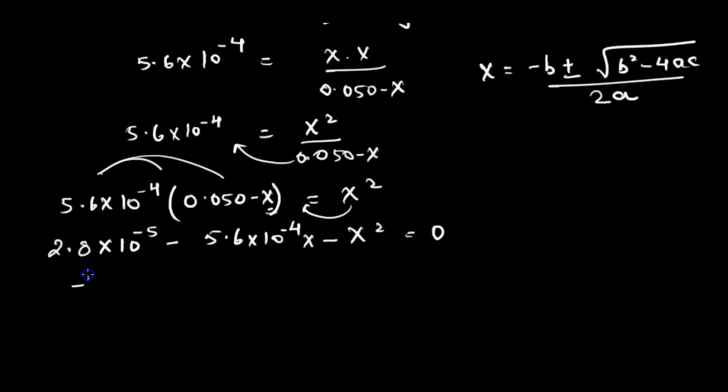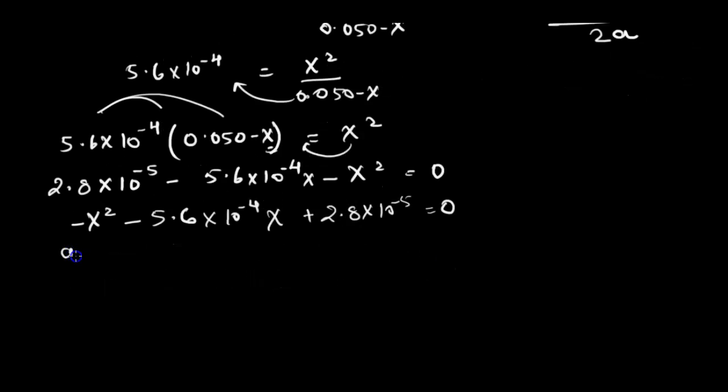We can rearrange the equation. So we would have negative x squared minus 5.6 times 10 to the power negative 4 x plus 2.8 times 10 to the power negative 5, which is equal to 0. We have a as negative 1, b as negative 5.6 times 10 to the power negative 4, and c as 2.8 times 10 to the power negative 5.